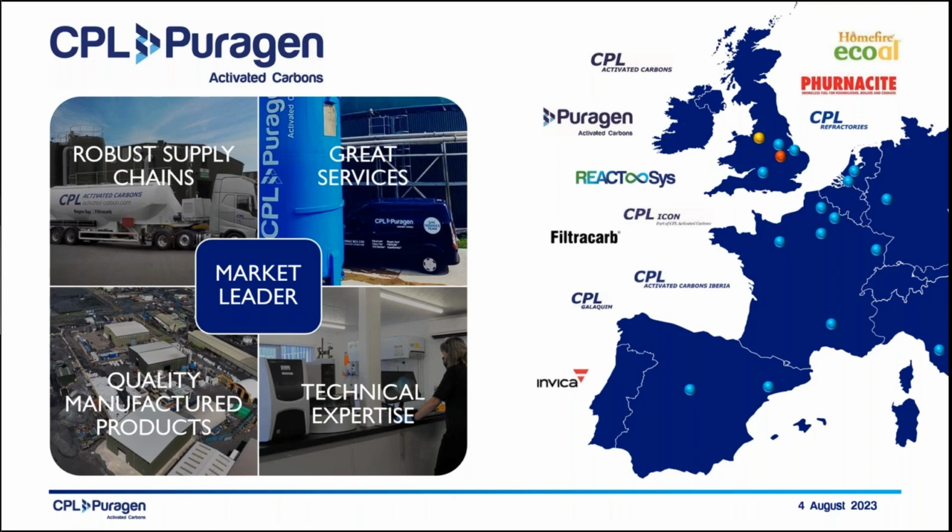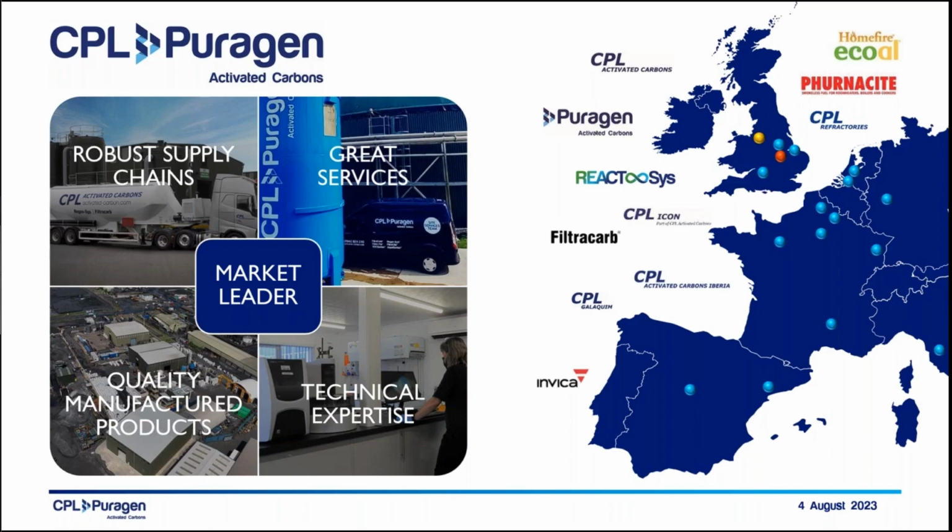Somewhat unsurprisingly, given the company's name, our main product is activated carbon, and to support that business, we offer a range of equipment and supporting services. CPL Purigen has a number of well-established supply chains and operates multiple manufacturing sites in the UK, Netherlands and Spain.